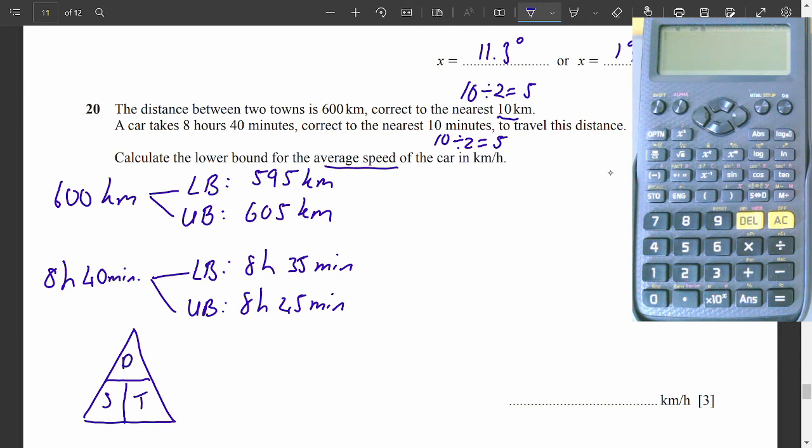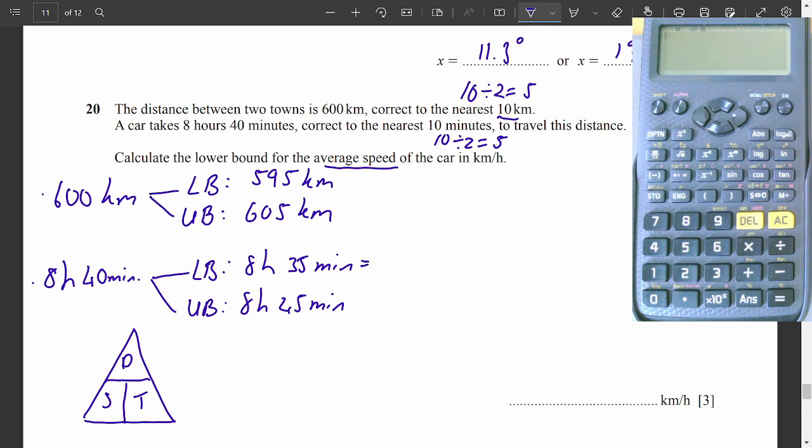So what we're going to have to do is divide distance by time. Okay. First thing is working with hours and minutes. That will not be possible to slot into a calculator like that. So we need to change this to a decimal value.